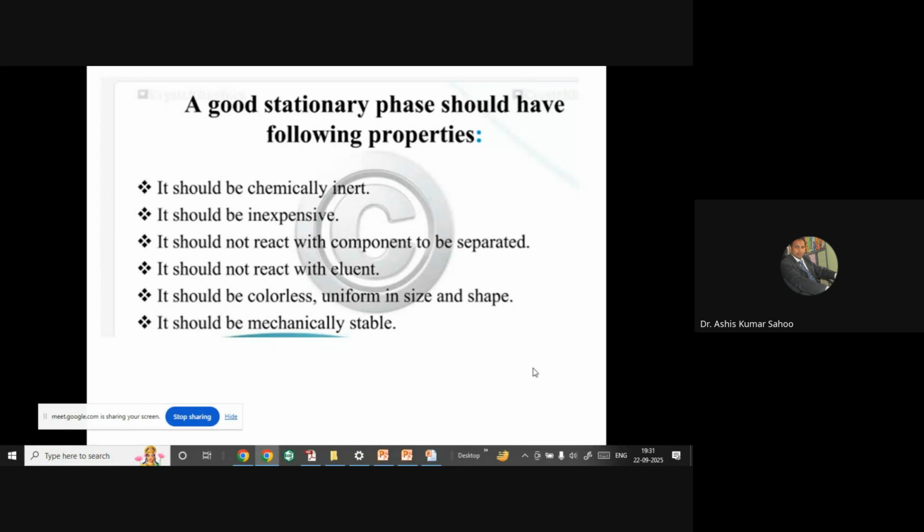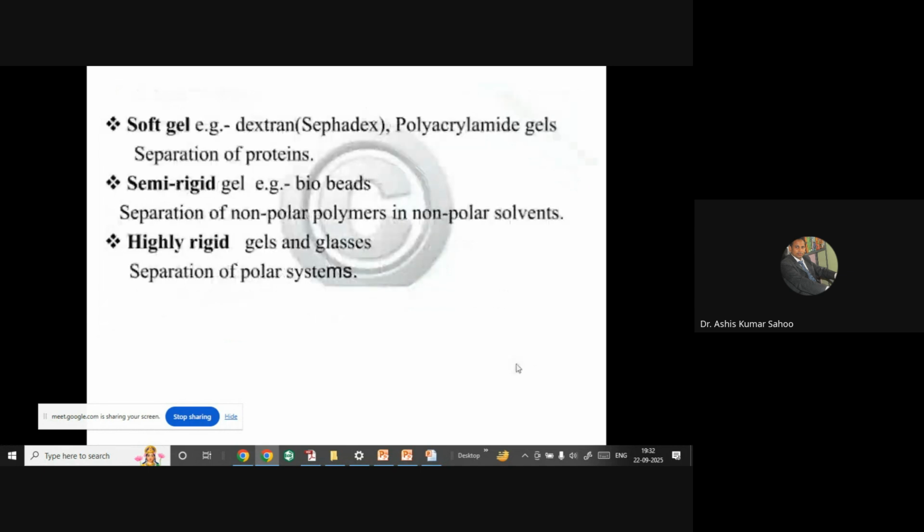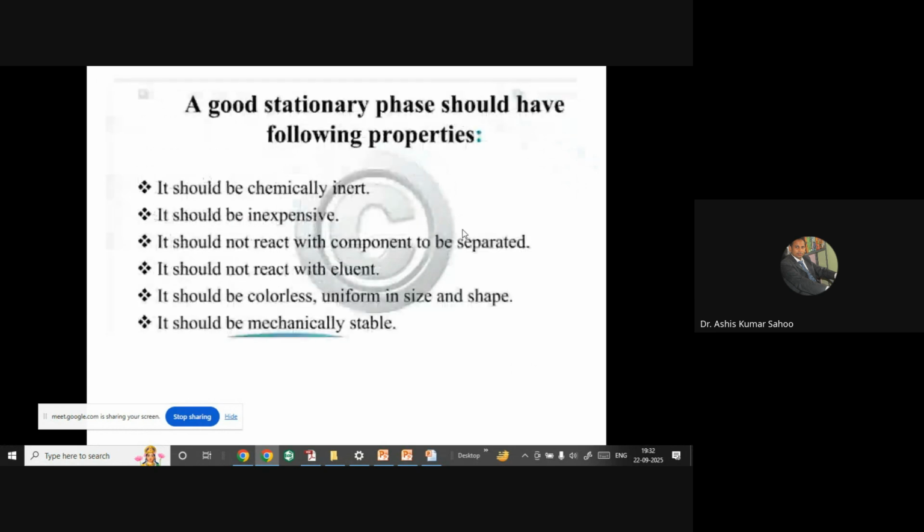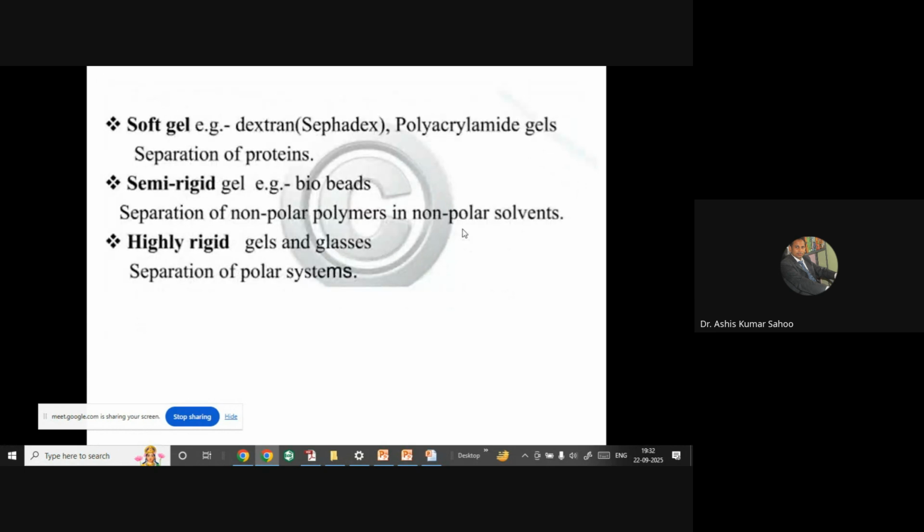So these are the characteristics of a good stationary phase within a size exclusion system. Soft gel dextran, polyacrylamide, semi-rigid, highly rigid: these are the stationary phases used in this method.